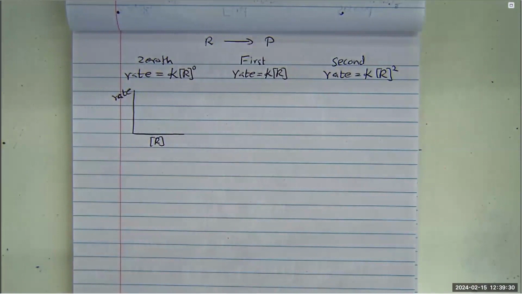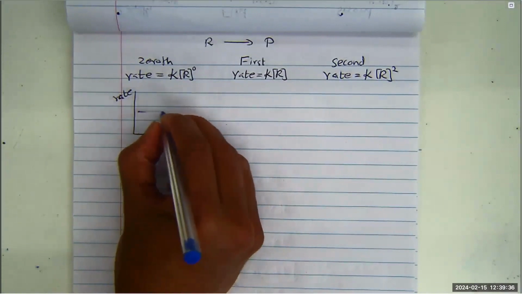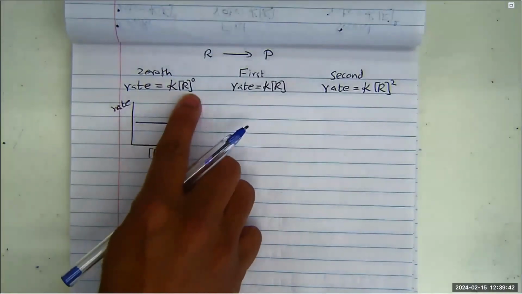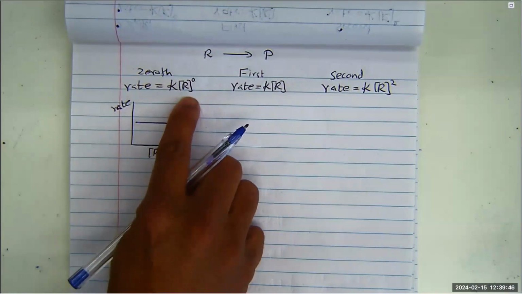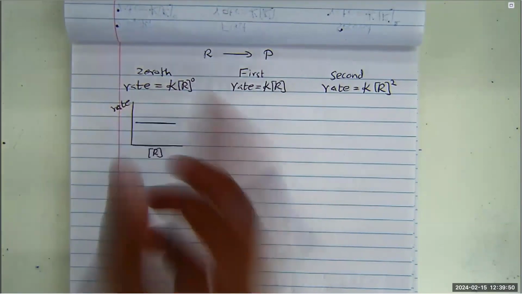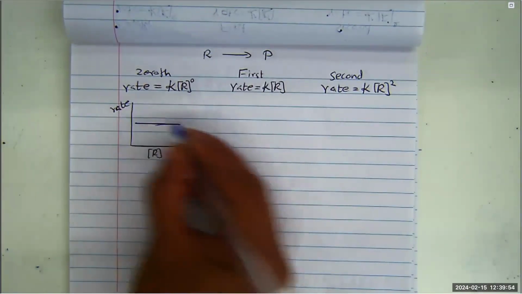As a result, we are going to get a straight line, something like this. Why? The rate does not depend on the reactant concentration because it's zeroth order. Whatever the concentration of the reactant is, the rate is always equal to k. That's why we're going to see a straight line like that.